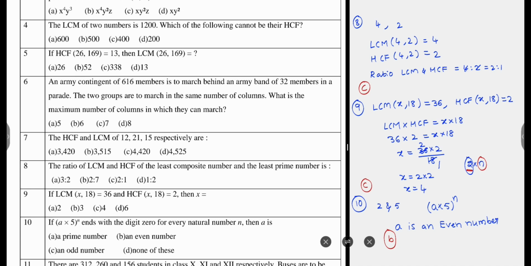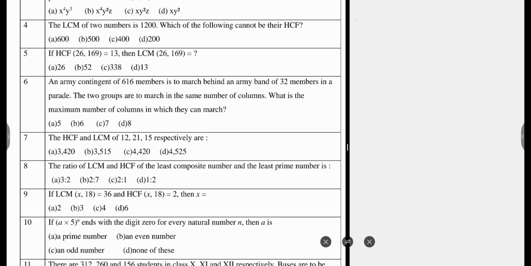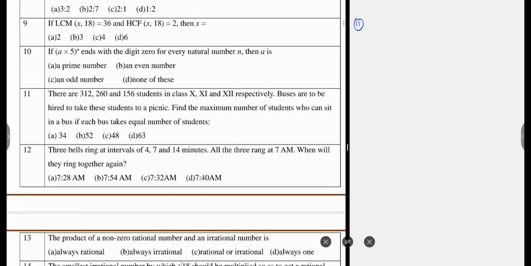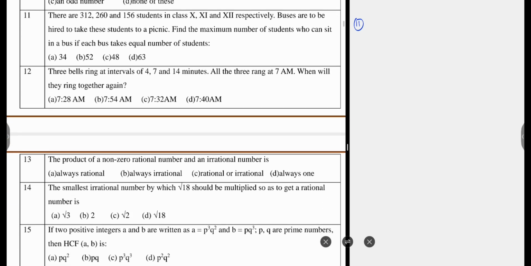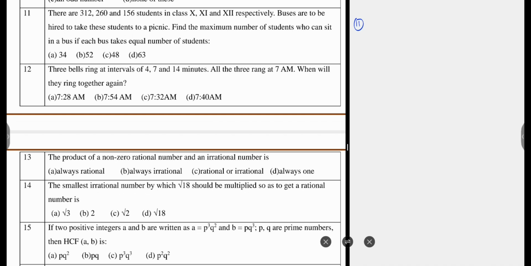Next, question number 11. Let us see question number 11. In question number 11, what is given? There are 312, 260 and 156 students in 10th, 11th and 12th respectively. Buses are to be hired to take these students to a picnic.